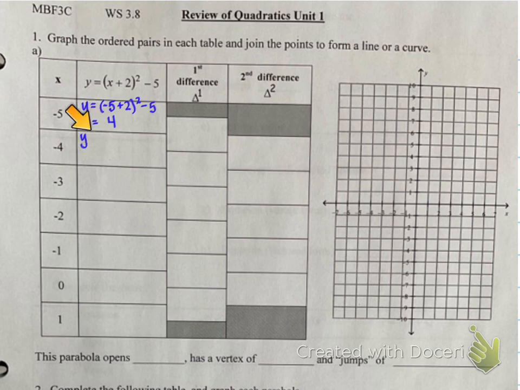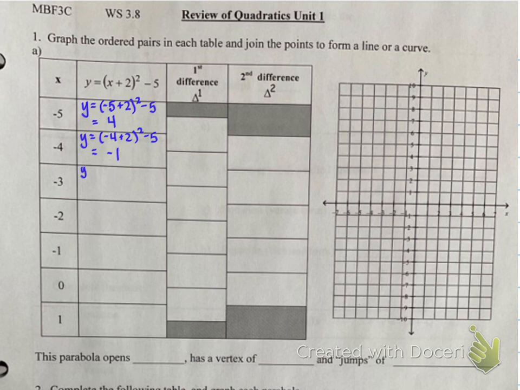And continue to do the same thing by plugging in the x value. That is, y equals (-4 + 2) all squared minus 5. Type it into your calculator and you will get -1.